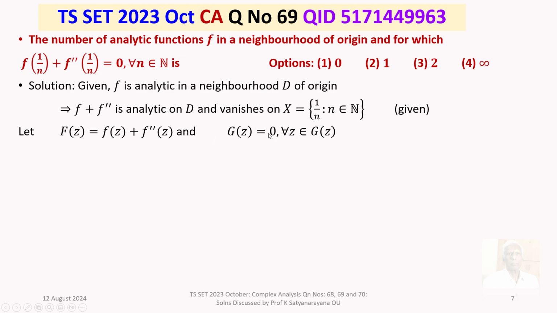G of z is the 0 function for all z belongs to the domain D. So it is a 0 function in the domain D, and capital F of z is f of z plus f double prime z for all z belongs to the domain D. So we have two functions, capital F of z and capital G of z, and capital F of z is analytic, G of z is analytic in the domain D.